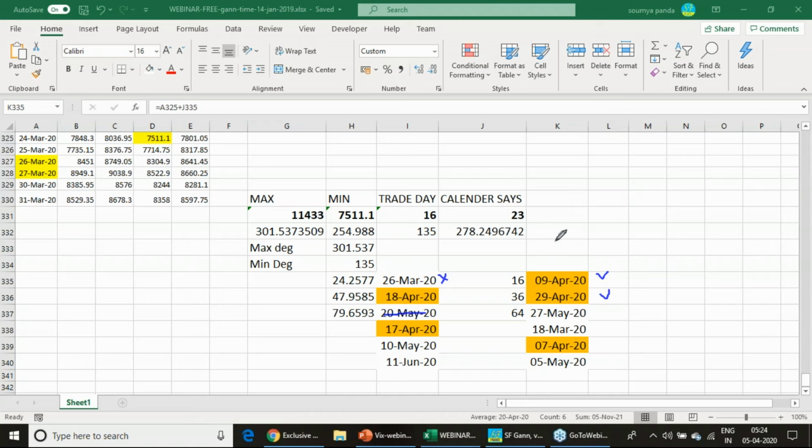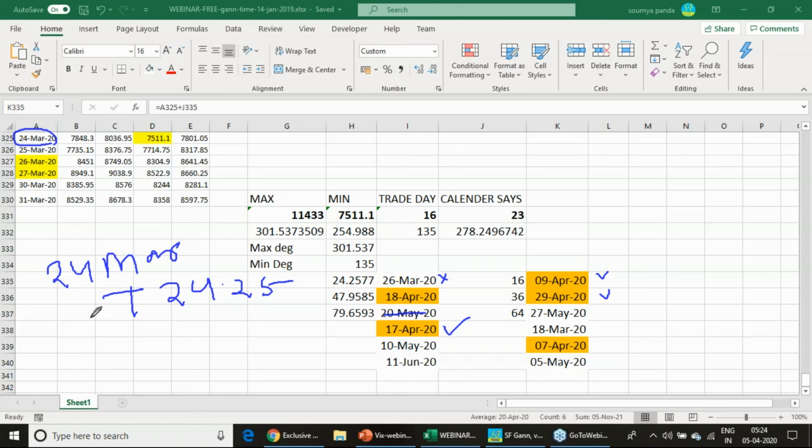Whenever this low is formed, on 24th March the low is formed, I am adding 24.25. This gives me 17th April.